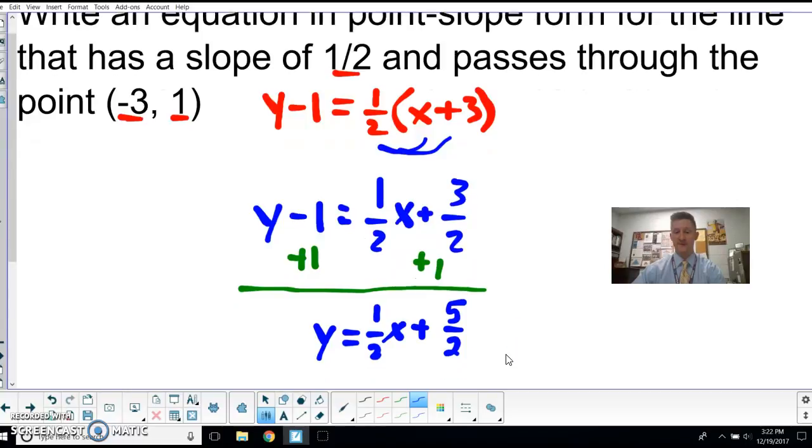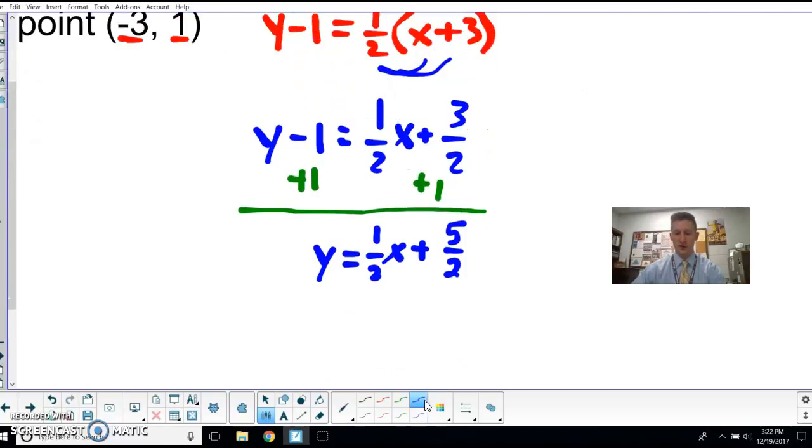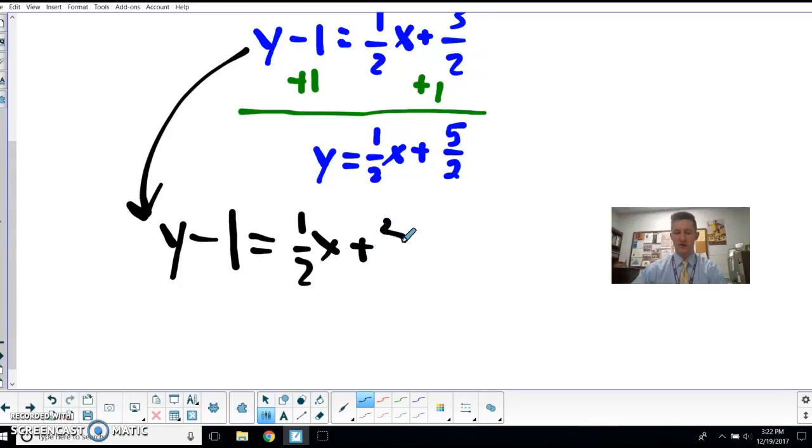That would be slope-intercept form for this equation. Now, what if I want standard form? If I want standard form, I'm actually going to back up to this one right here. So I had y minus 1 equals 1/2 x plus 3/2. Now, one of the things with standard form is you're not supposed to have denominators. You want just an integer coefficient for every term.